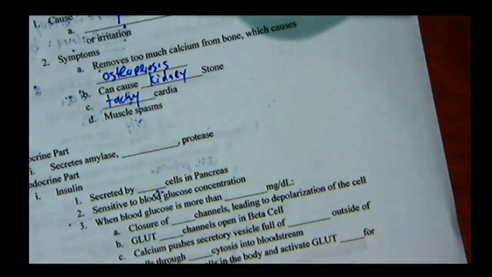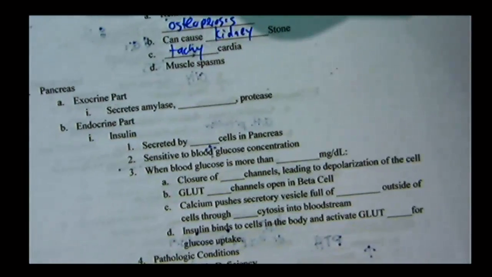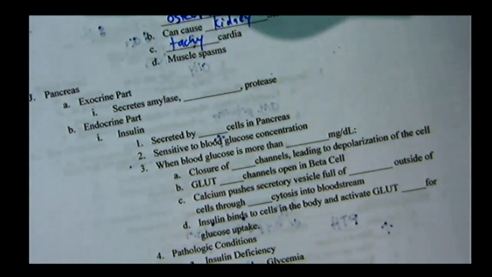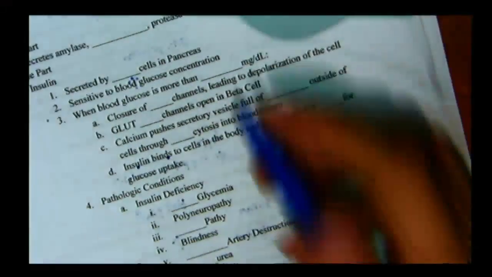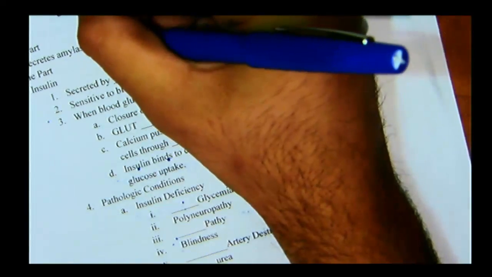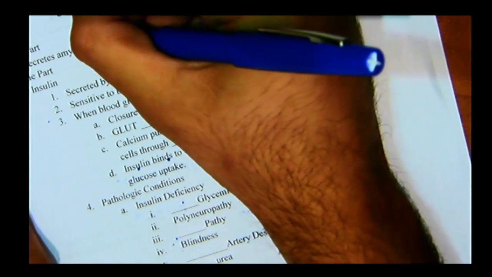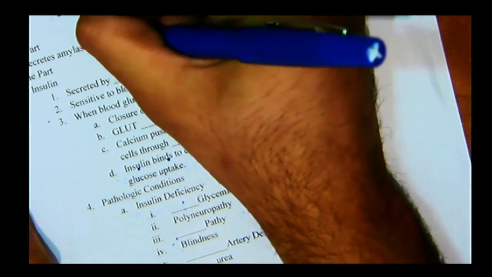Well, the endocrine part secretes insulin. So which cells secrete insulin? Beta cells. Insulin is sensitive to blood glucose. When blood glucose is more than what? 120, I think she said in class. Yeah?